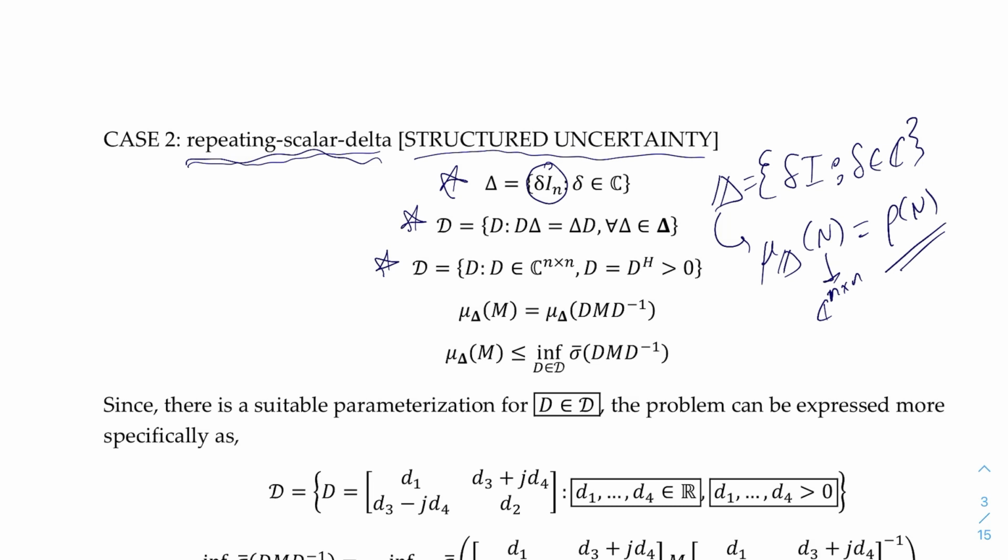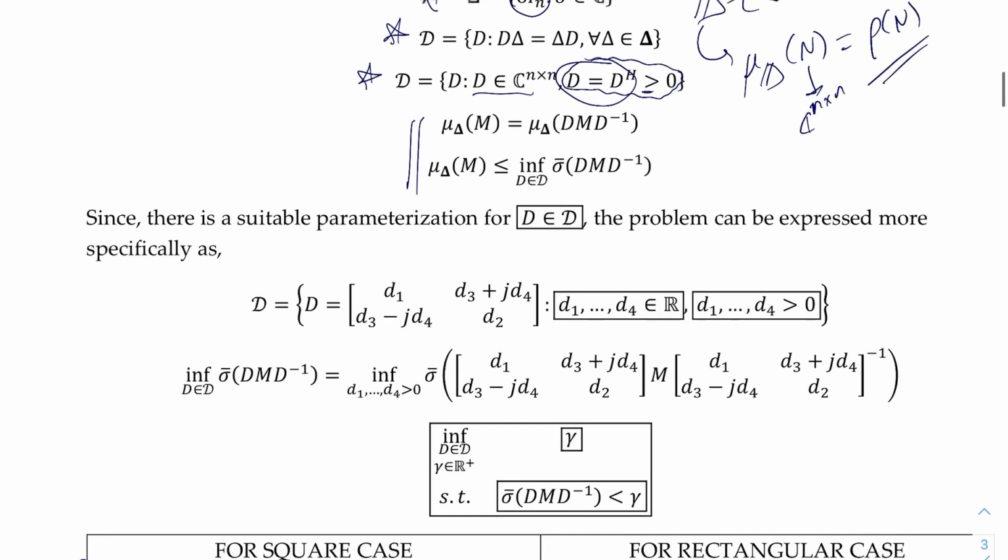For a given repeating scalar delta, our D set has this form, where it comprises D positive definite Hermitian matrices. This is complex, positive definite and Hermitian. These are the things that we know.